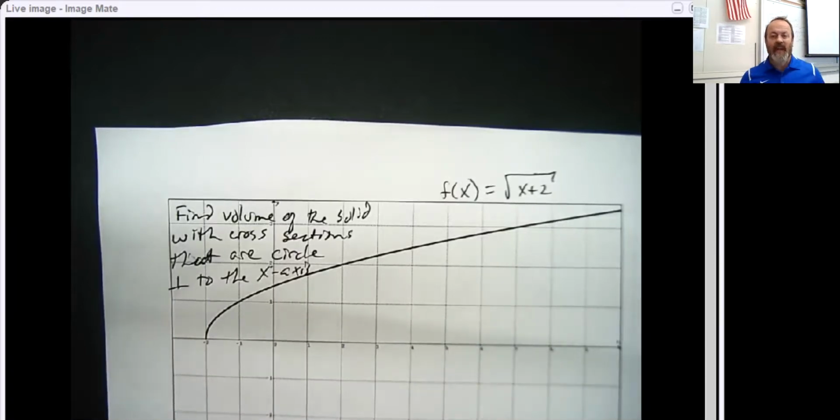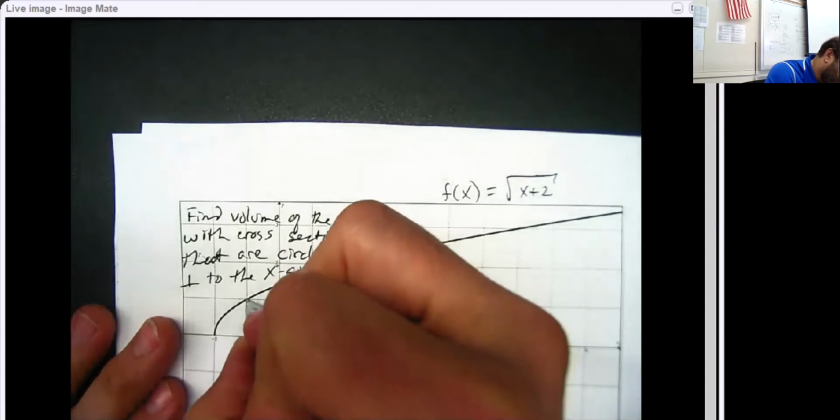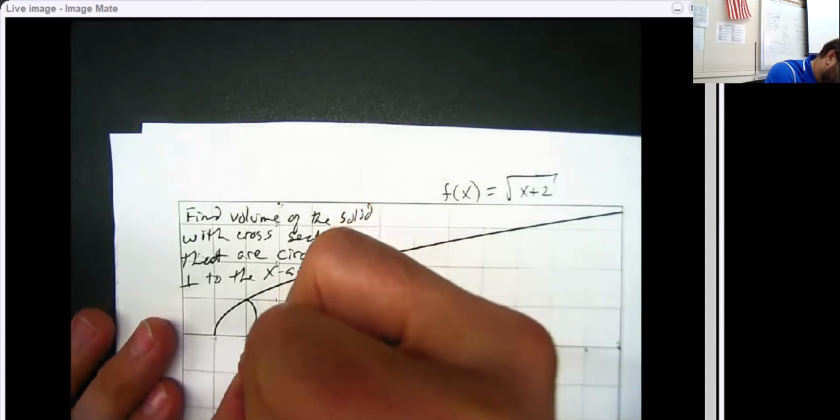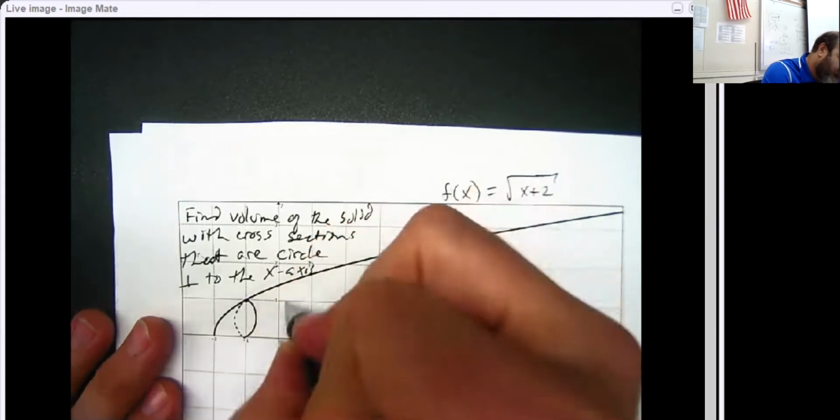I guess I'm writing a little bit larger right now, so this is a little strange. So I'll kind of try to show you what this is. And I'm going to try to make the illusion of a 3-dimensional picture here. So I'm going to make basically a circle right here, and I'm going to try to make it look like it's popping out of the page.